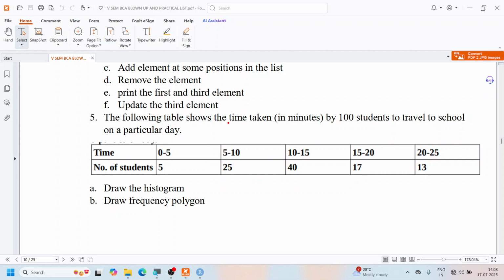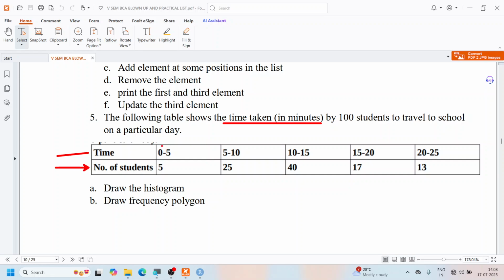The following table shows the time taken in minutes by 100 students to travel to school on a particular day. What they have given over here is the time and the number of students.